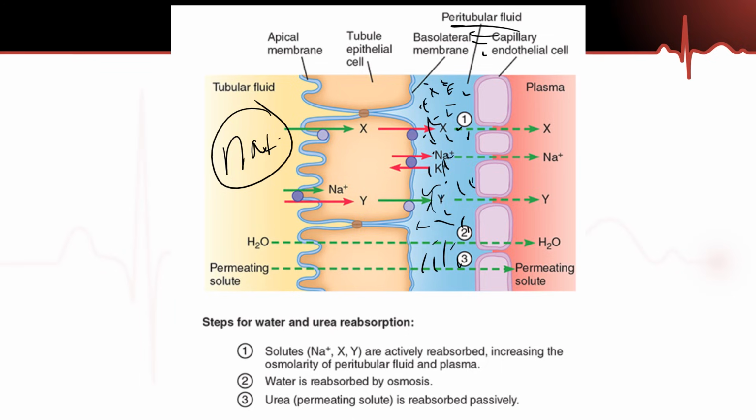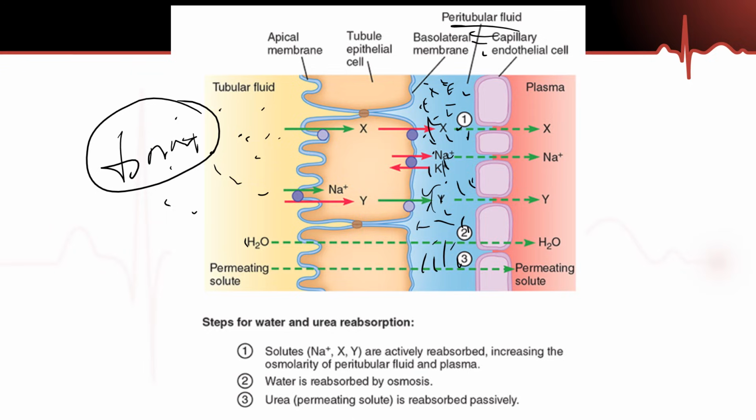And what's going to happen to the concentration of sodium within the plasma inside of the lumen of the nephron? The obvious answer is the concentration of sodium within the lumen of the proximal convoluted tubule will begin to fall, and the concentration of sodium within the peritubular or interstitial fluid will begin to rise.